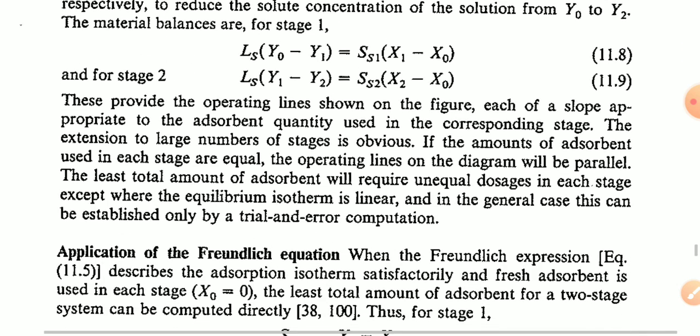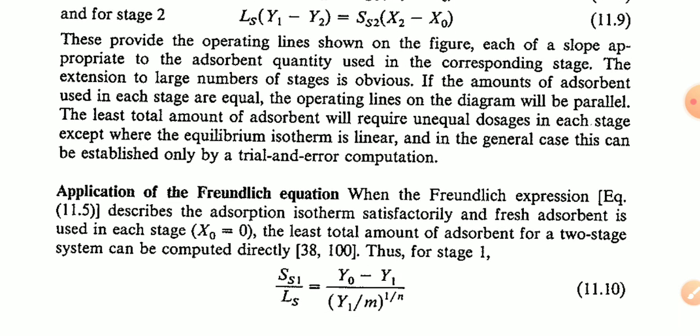Now these two stages provide the operating lines shown on the figure, each of a slope appropriate to the adsorbent quantity used in the corresponding stage. The extension to a large number of stages is obvious.